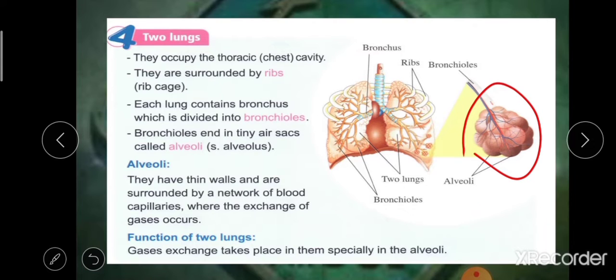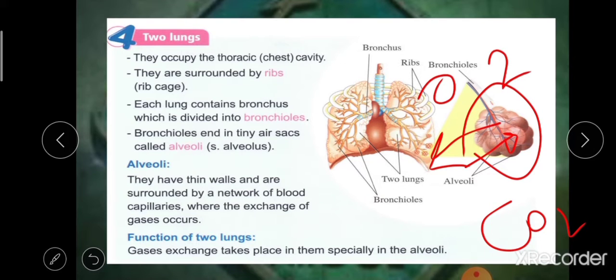Why? Because blood takes carbon dioxide gas from the cells and removes it into the air sacs, and takes oxygen from the air sacs to the blood to give it to all body cells to burn the food.